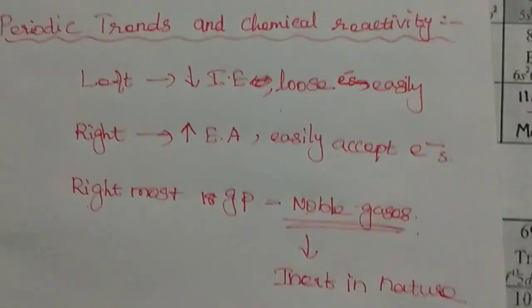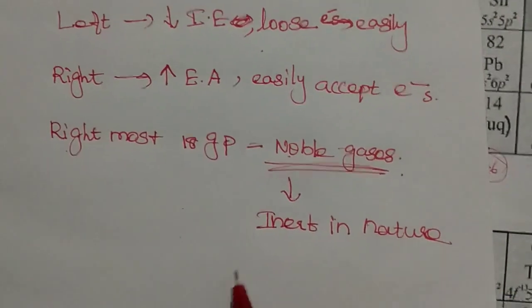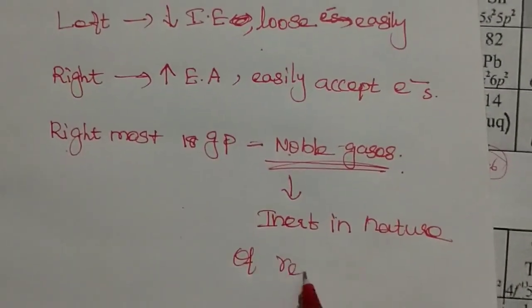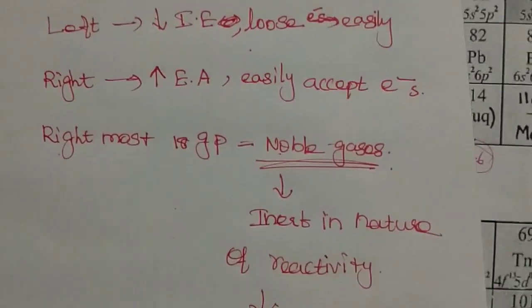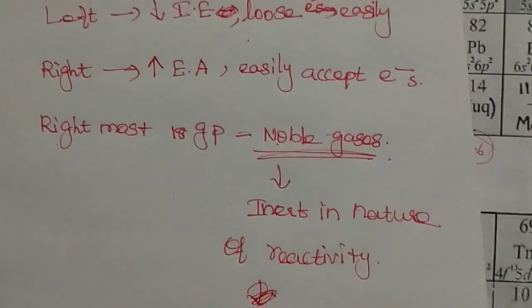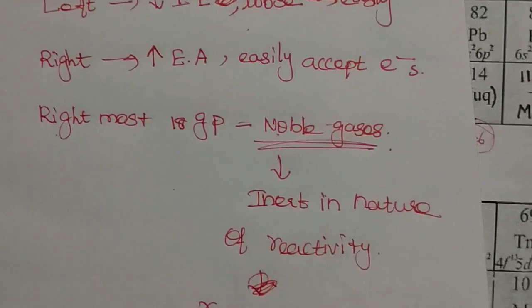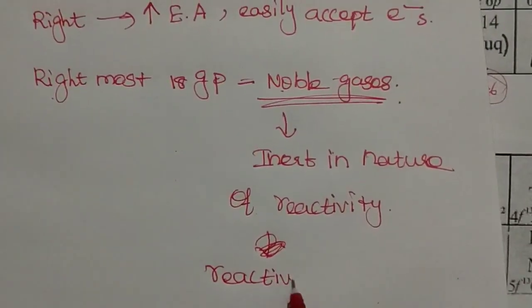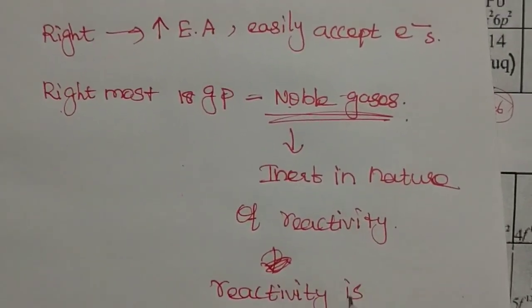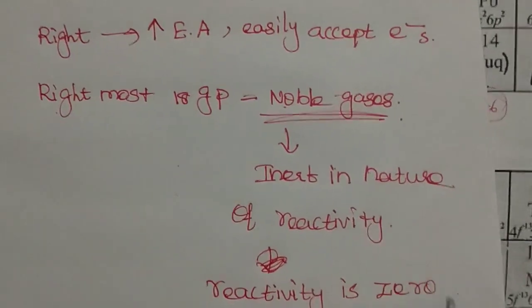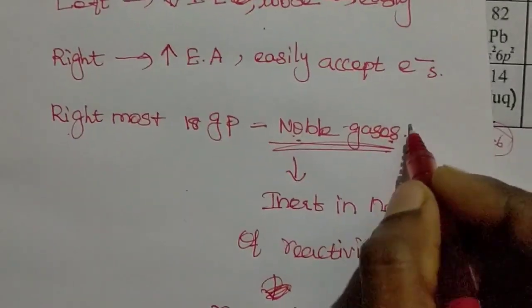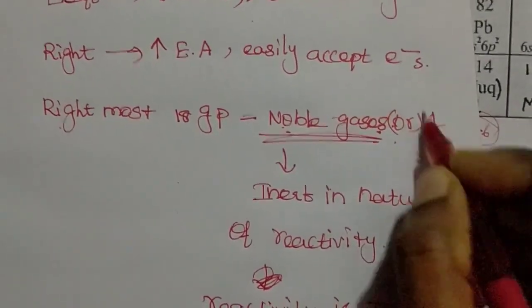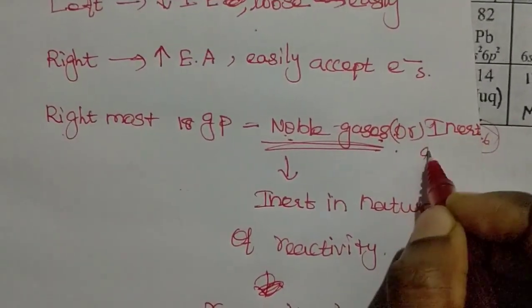They are inert in nature of reactivity, which means their reactivity is zero. Reactivity is zero in noble gases, or inert gases, as we can say. Another name is inert gas.